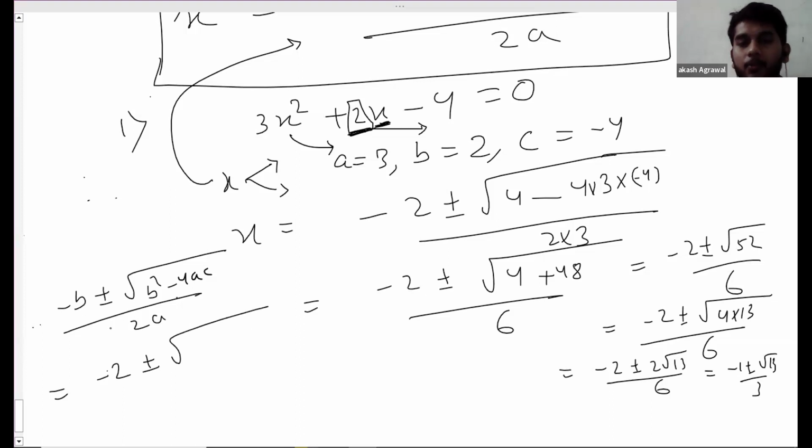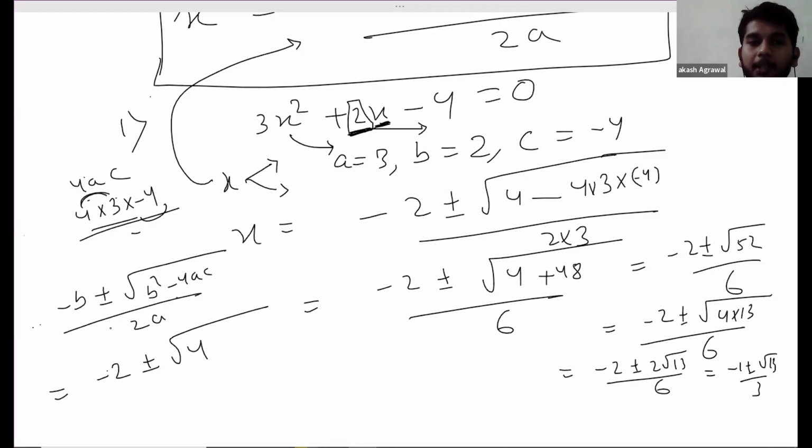Plus minus, what is b square? 4. And can you find 4ac? 4 into 3 is? 12. 12 into 4 is? 48.